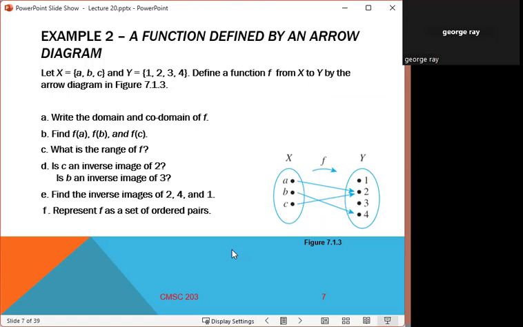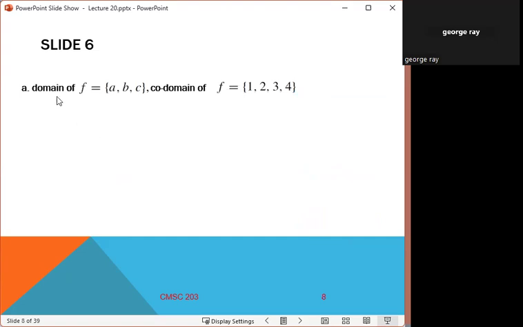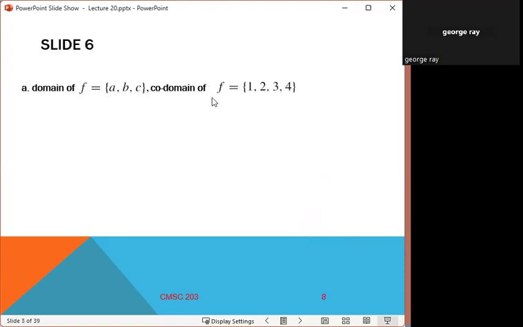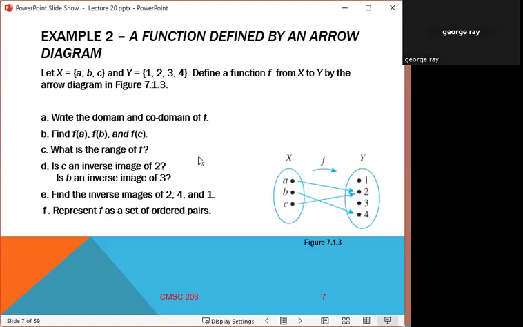So let's look at the domain and codomain of f. Find f of a, f of b, f of c, and what is the range, and so on. The domain of f is just those values that are in x: a, b, c. And the codomain of f is those values in the set y: 1, 2, 3, 4.